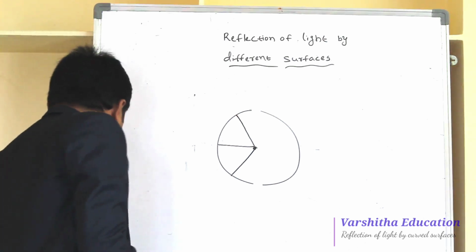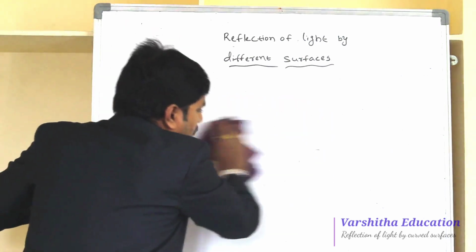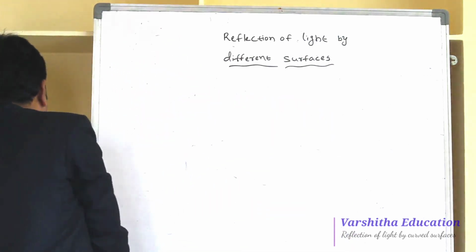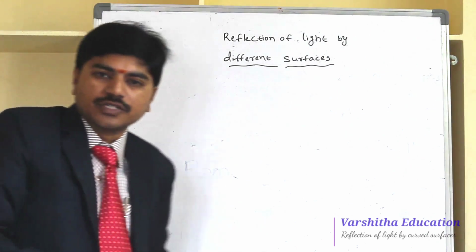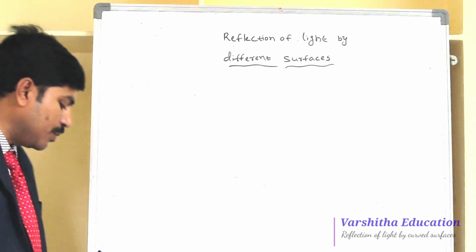After completion of the center of curvature, we can discuss the different types of ray diagrams, and how the convergent and divergent mirrors form images, either small images, point images and different types of images. We can discuss what kind of images will form.